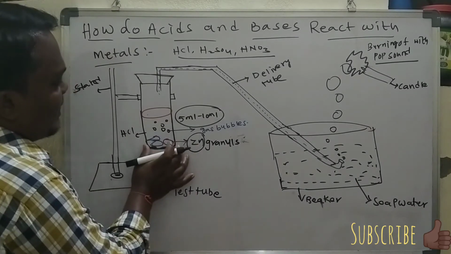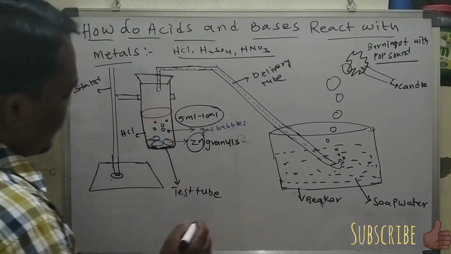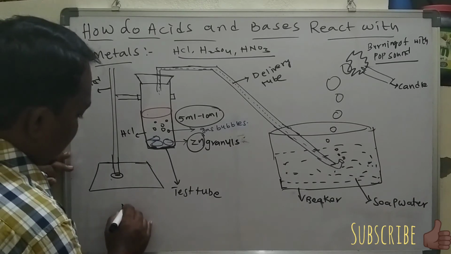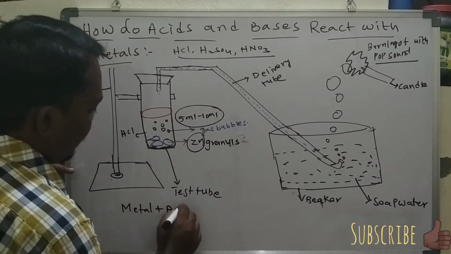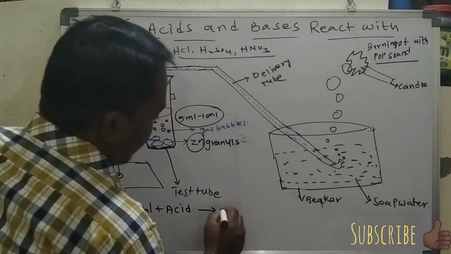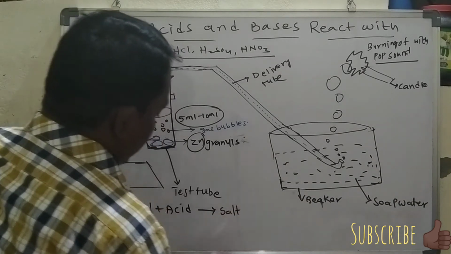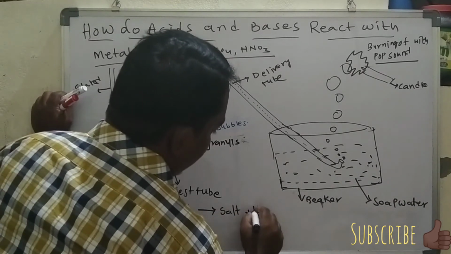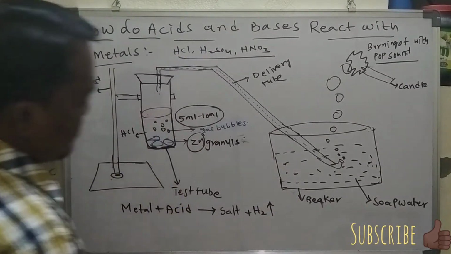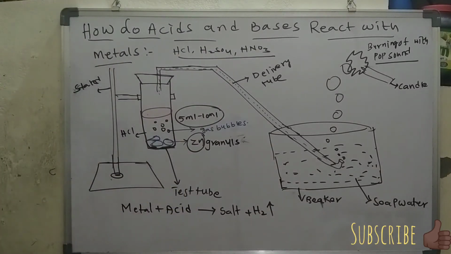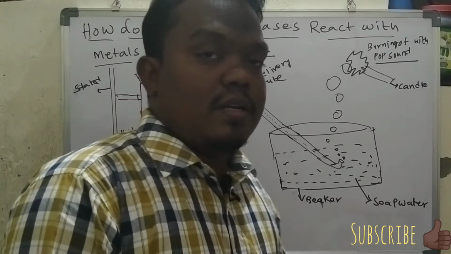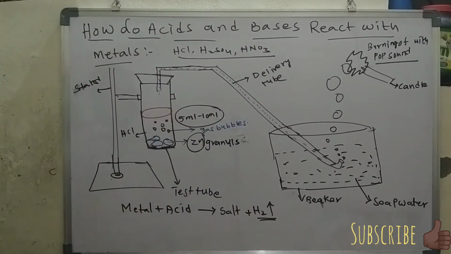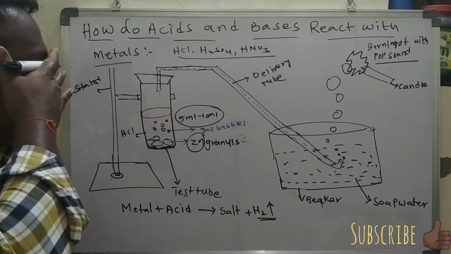I will write the general equation: when a metal reacts with acid, it forms salt and hydrogen gas. Hydrogen gas liberation must occur when acids react with metals.